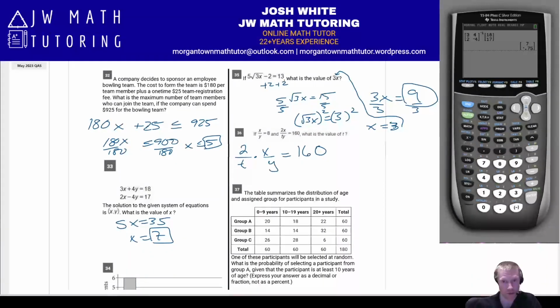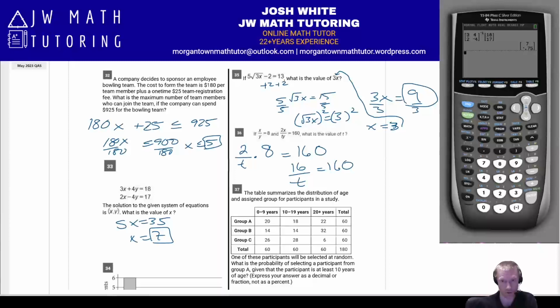Now, what you notice is that x over y is given in the problem as 8. So you can just erase that and replace it with the number 8. So now this equation, which has x and t and y in it, might look complicated, but really just simplifies to 16 over t equals 160.